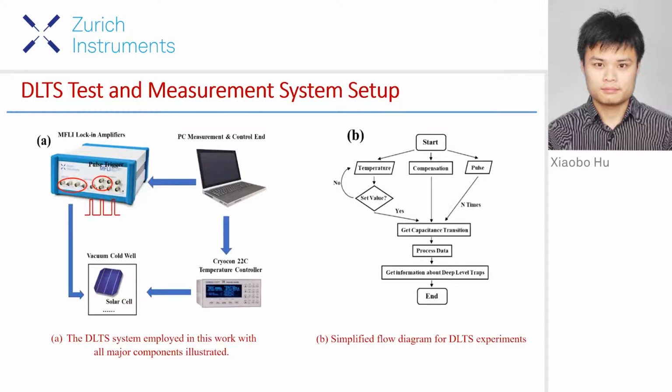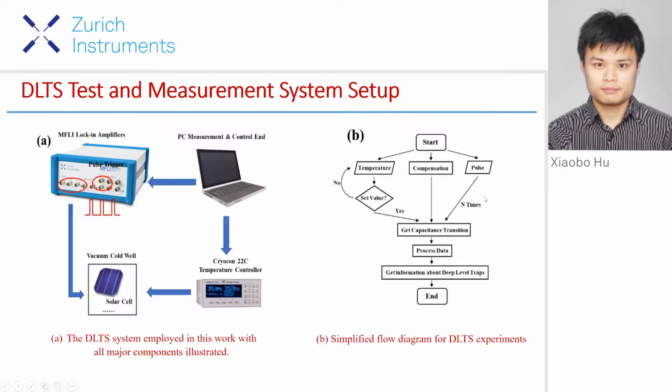The test samples like different solar cells are installed in a vacuum cold well connected to the temperature controller. Ultimately, the control of the equilibrium and the processing of the transient capacitance information is completed through Python scripts in a computer.